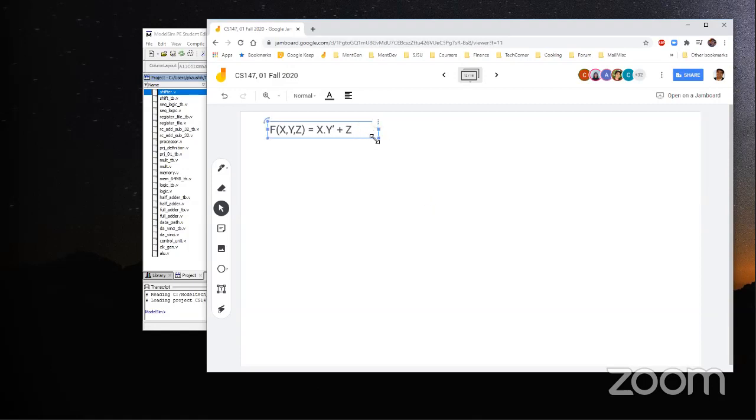To test this function, we need to come up with a truth table, right?